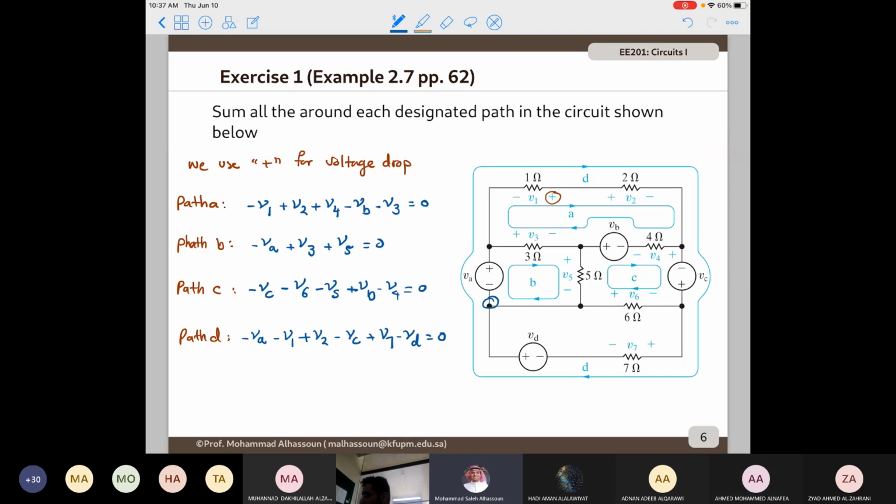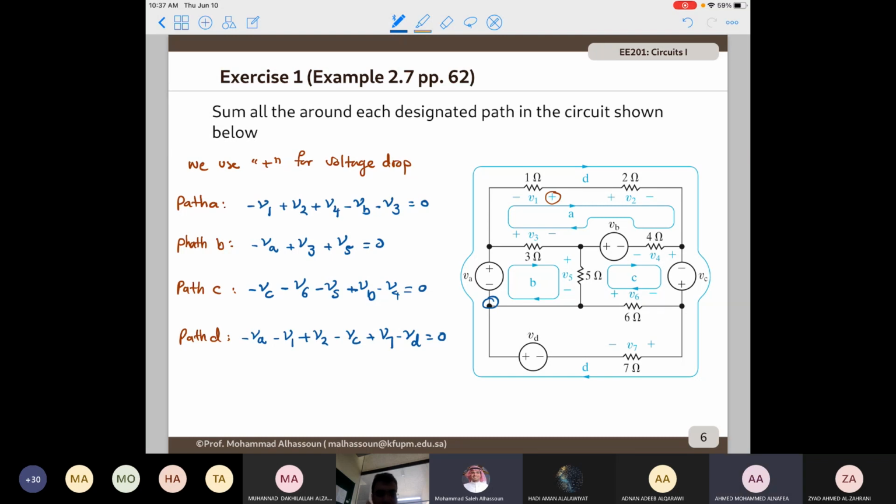Your question is if it doesn't show you which loop to go through, do we have to draw the direction of the loops?